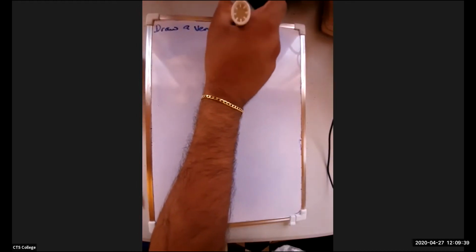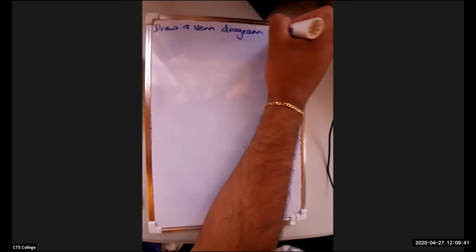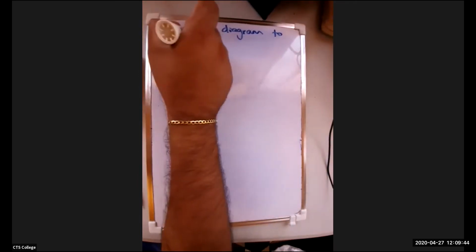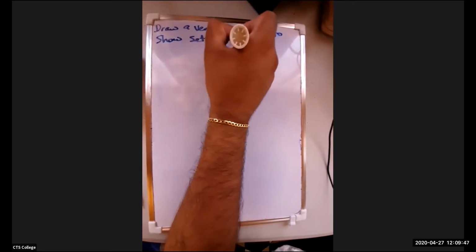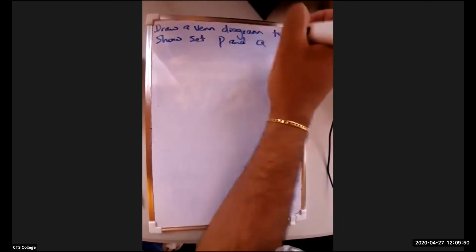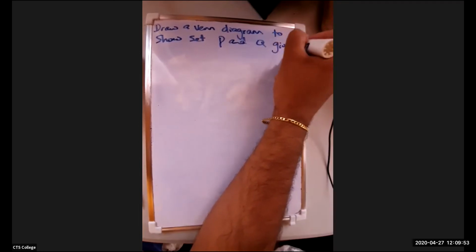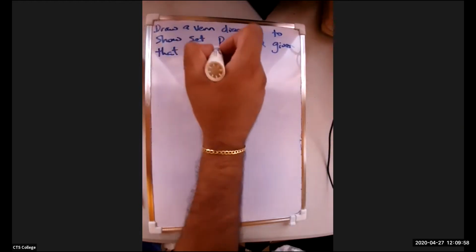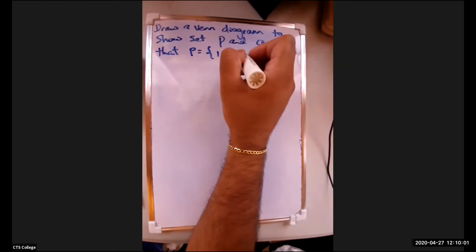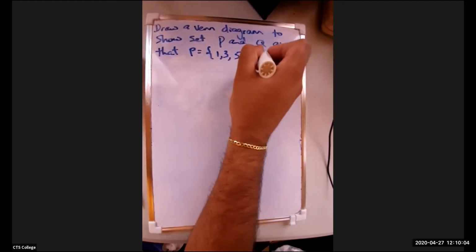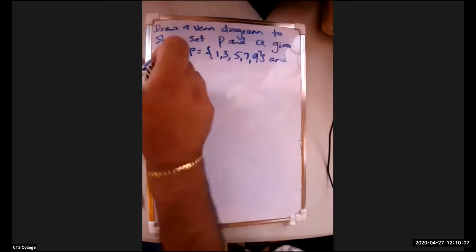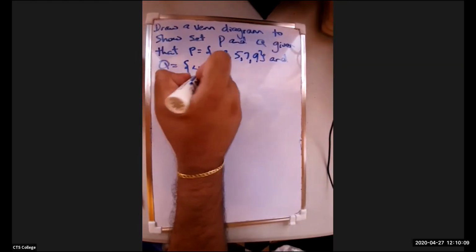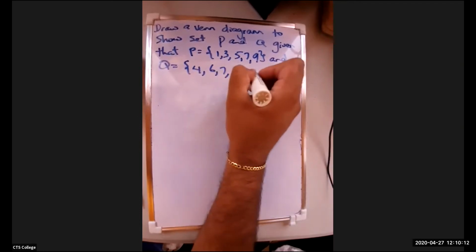So let's say I ask you to draw a Venn diagram to show sets P and Q, given that P is equal to 1, 3, 5, 7, 9, and Q is equal to 4, 6, 7, 8, and 10.